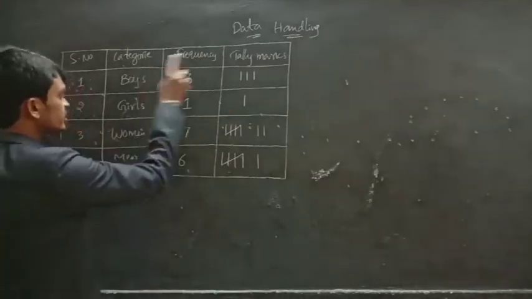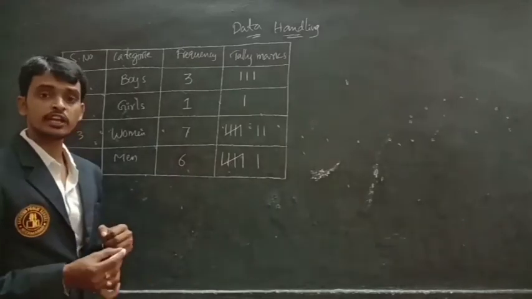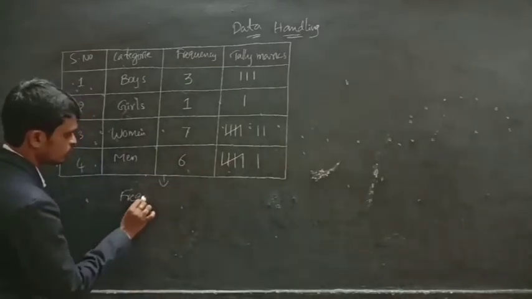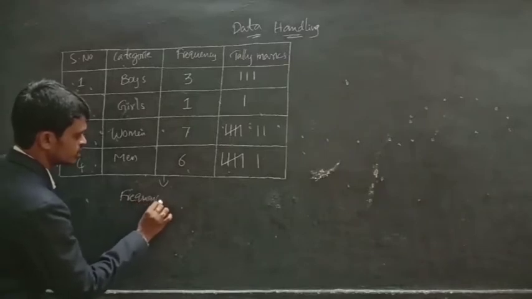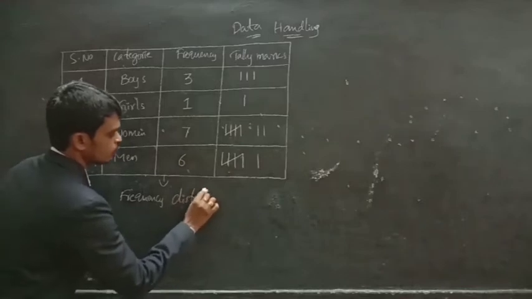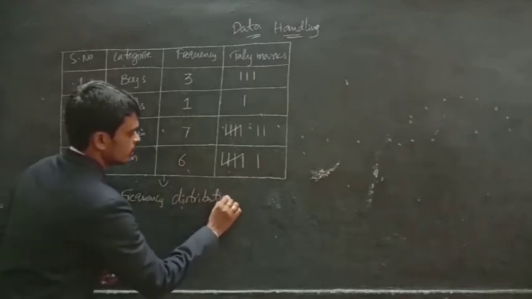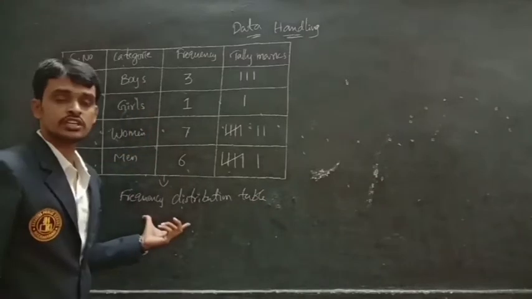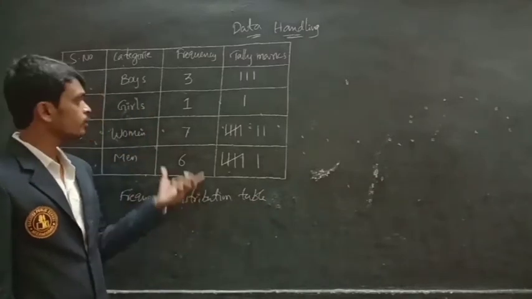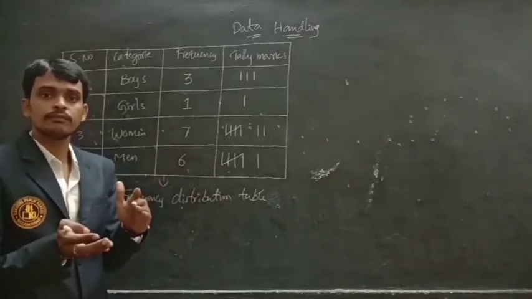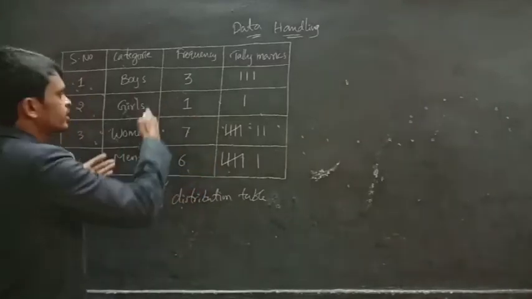Here the total table is called a frequency distribution table. A frequency distribution table is a table showing the frequency or count of various data items.